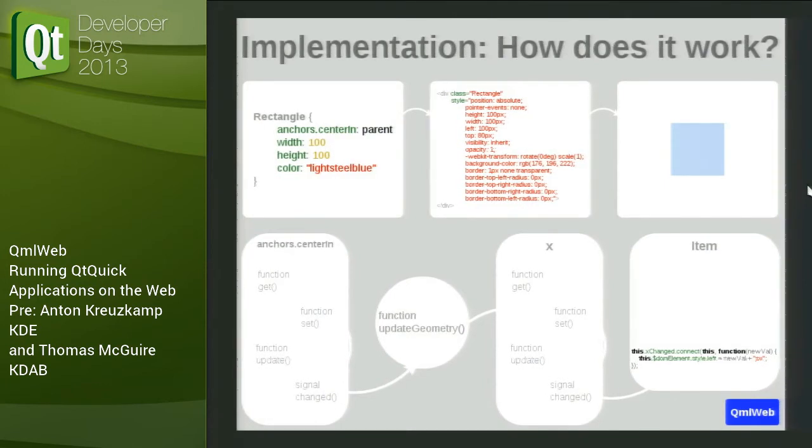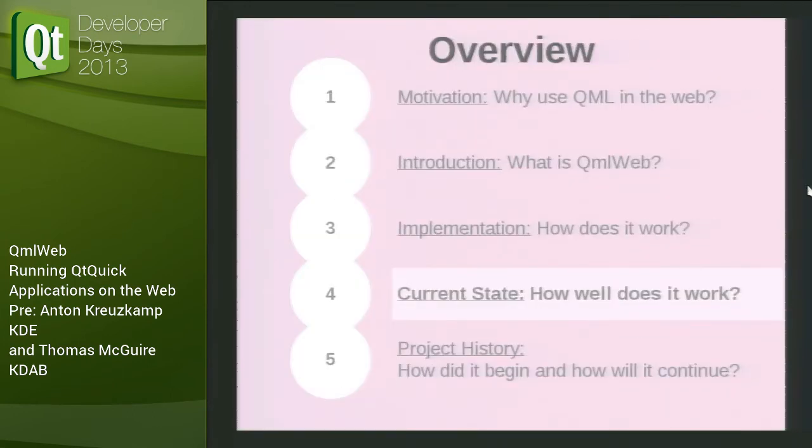It will reset the x property of the element, and that again has a slot assigned to its changed signal, which will simply set, using JavaScript and the DOM, the style property left, and set its absolute value using CSS. So it's absolutely positioned at the right position.